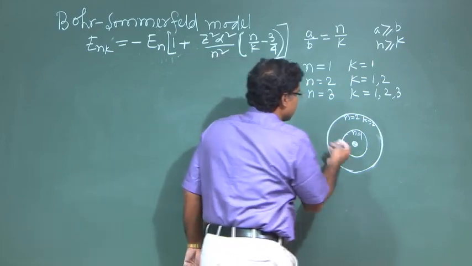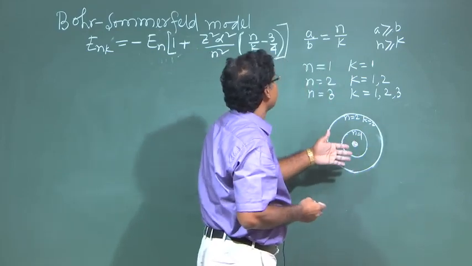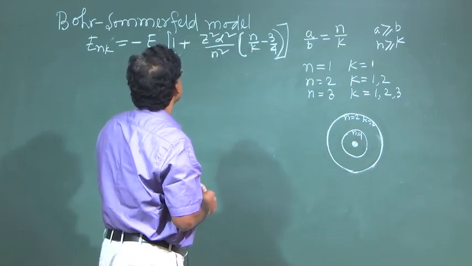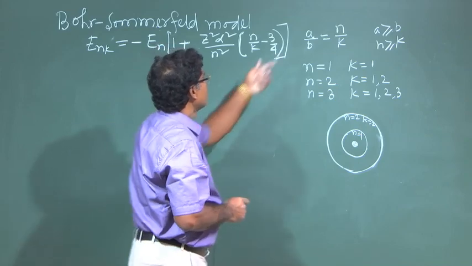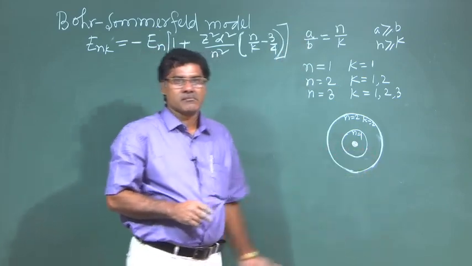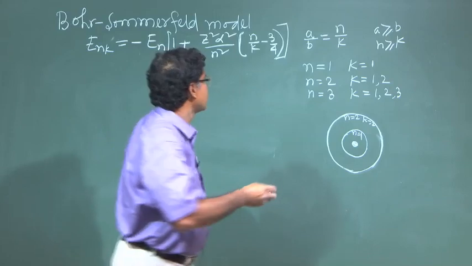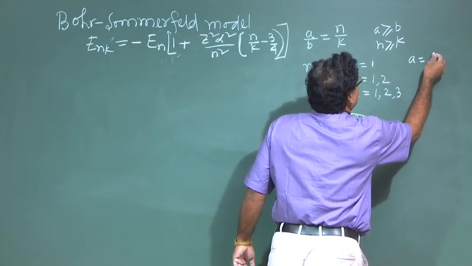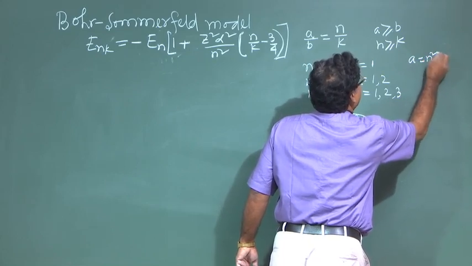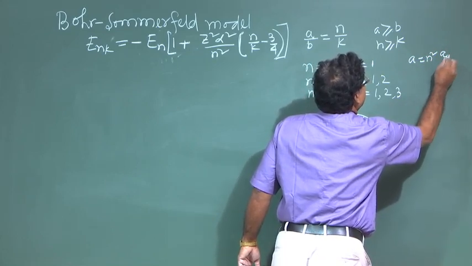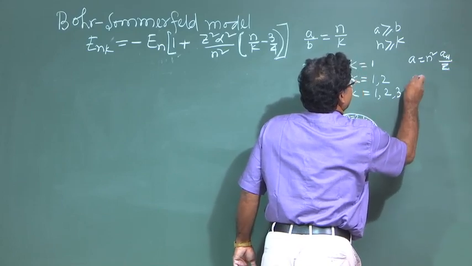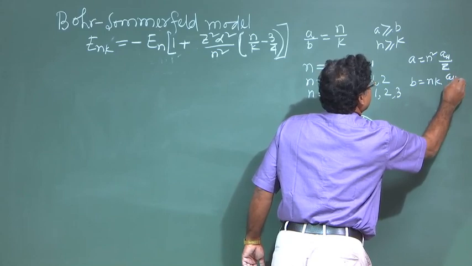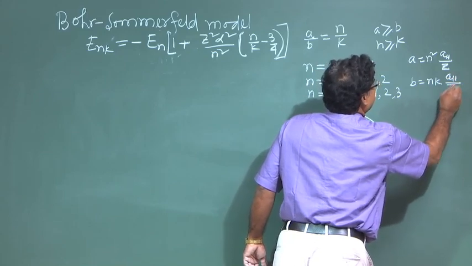It will be an elliptical orbit, but its a will be the same, the length of a will be the same, because as you remember I wrote a equal to n square a h by z and b equal to n k a h by z, right.